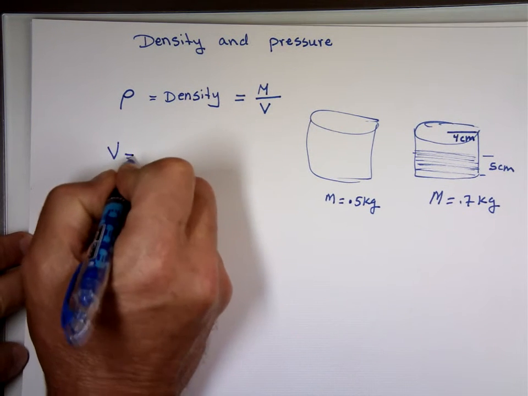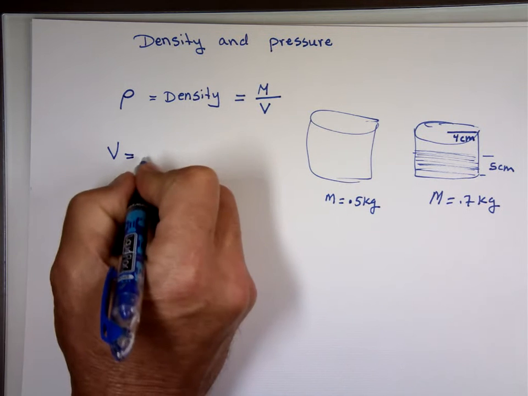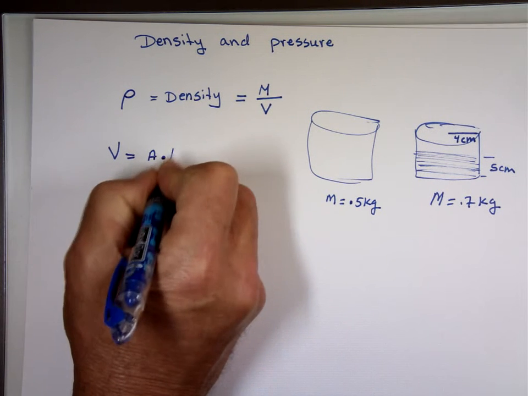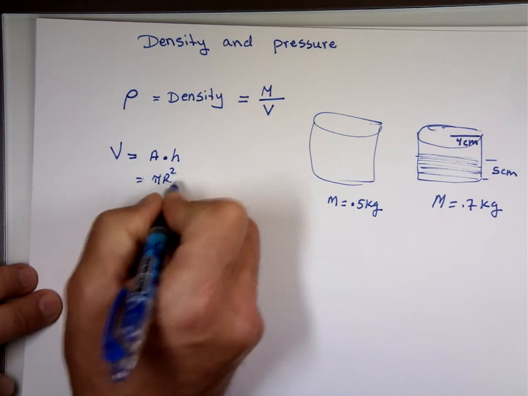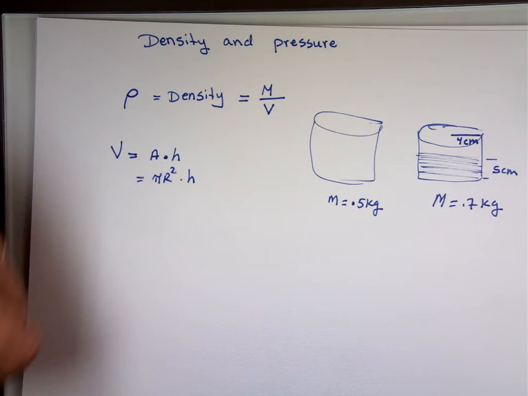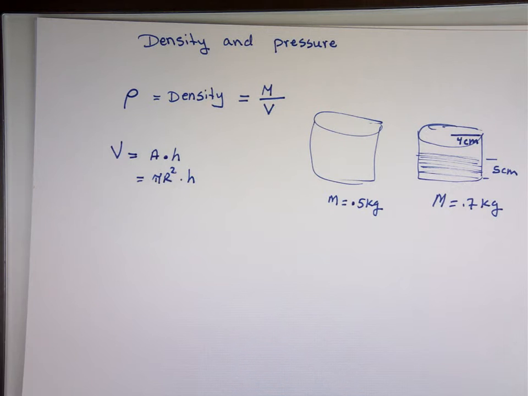The volume of the water, when you have a cylindrical shape, is area times the height. And the area is pi r squared times the height. So the water was only 5 centimeters high.